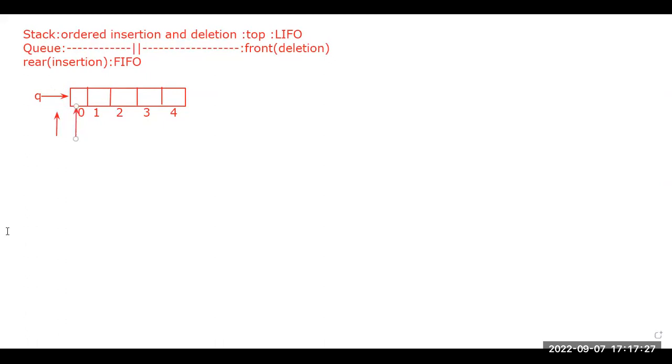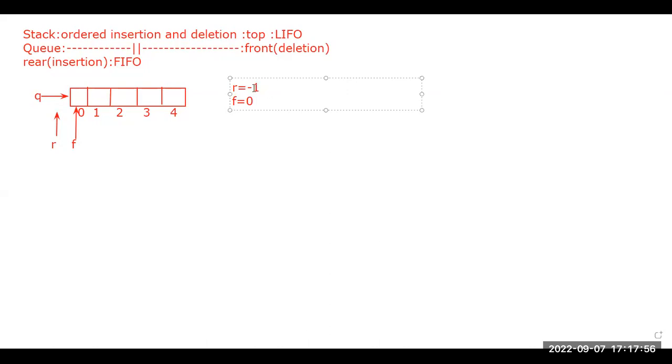This is your R and this is your F. In the beginning, R will be pointing to -1 and F will be pointing to 0. In the initial stage, R points to -1 and F points to 0.